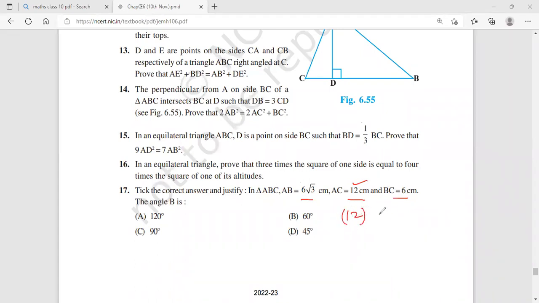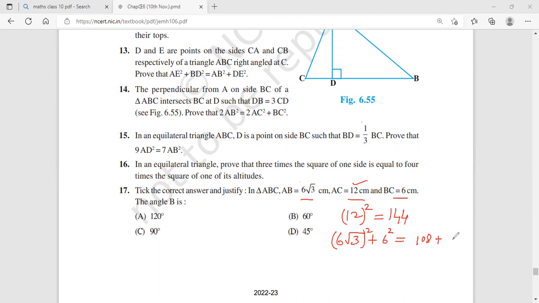12 square is 144. The other two sides, let's square them and add. 6 root 3 square plus 6 square equals, so 6 root 3 square: 6 square is 36, root 3 square is 3, so 36 into 3 becomes 108.